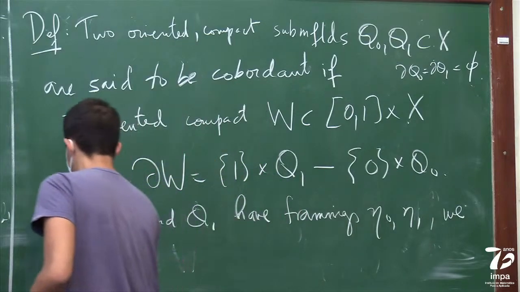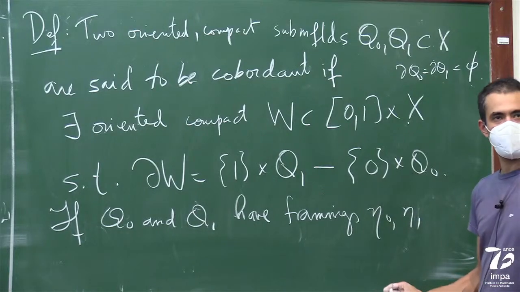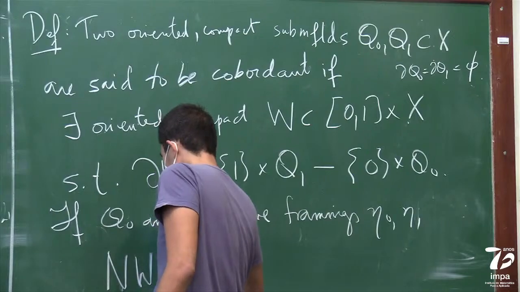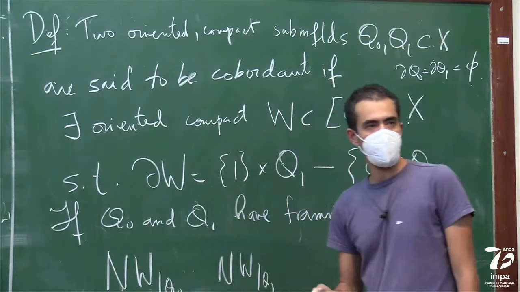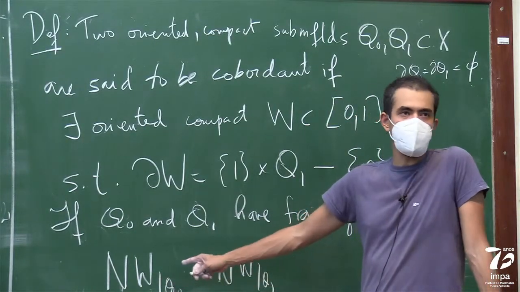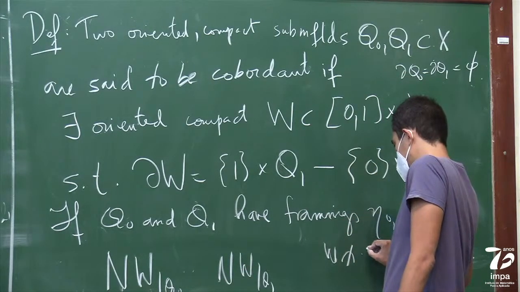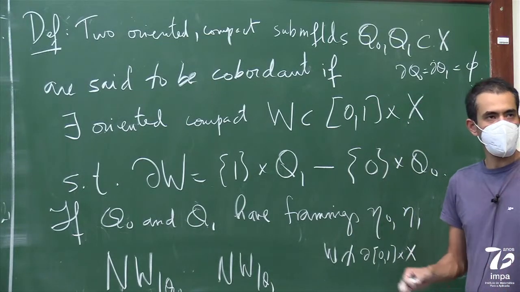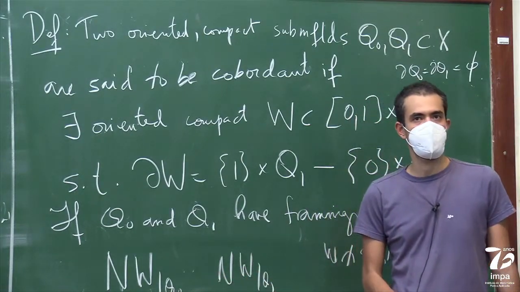Let me say the following thing. So if these guys have framings as well, then what can you do? You can look at the normal bundle of W restricted to Q0 and to the boundaries. And it's not hard to see that when you restrict the normal bundle to the boundary, if W is transverse to the boundary of [0, 1] times X, then the normal bundle is canonically identified with the normal bundle of Q0.